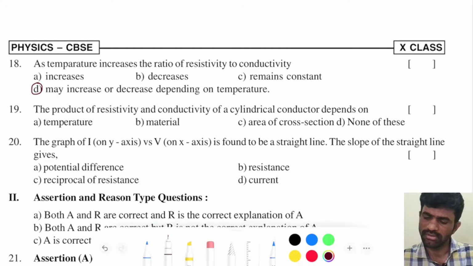It is given, none of these. Yes, none of these, because they are reciprocals, opposite quantities.